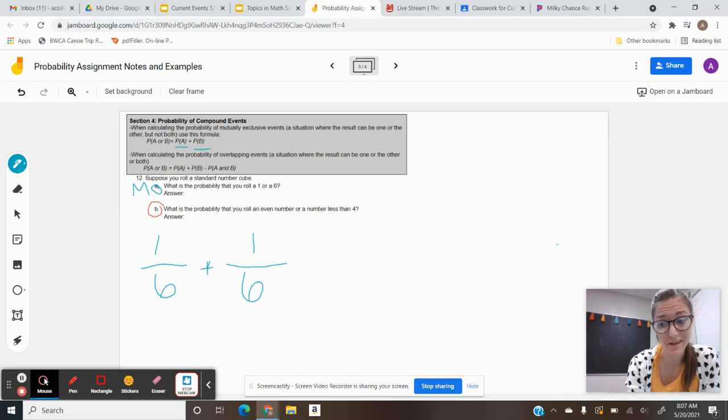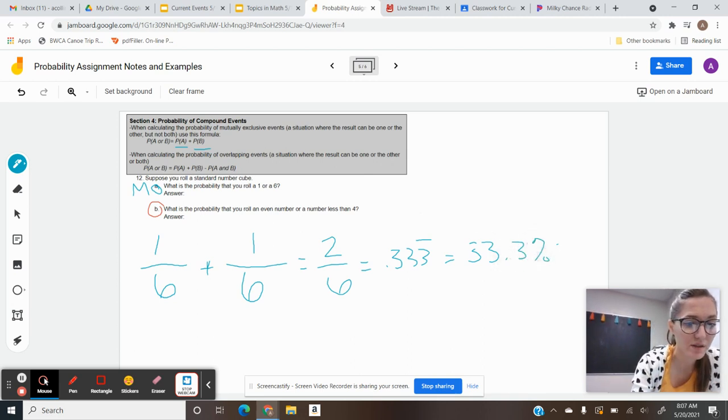Now I just need to add these two fractions together, and when I do, I get 2/6, which is 1/3, which is 0.33333 repeating. And if we were to make that into a percent, it'd be 33.3%. So your answer for 12A is 33.3%.